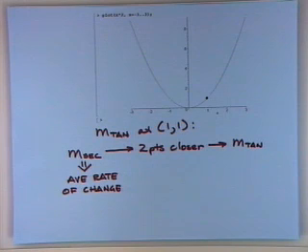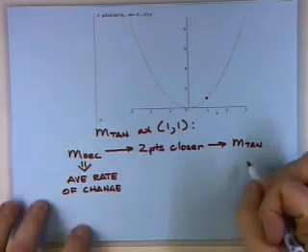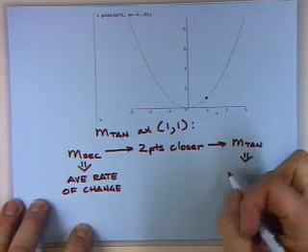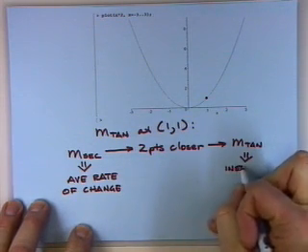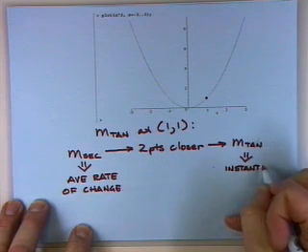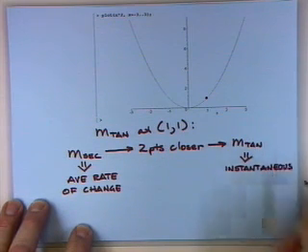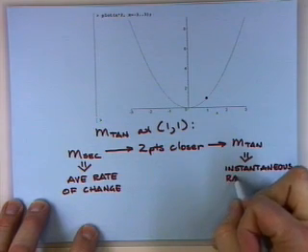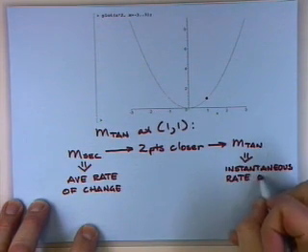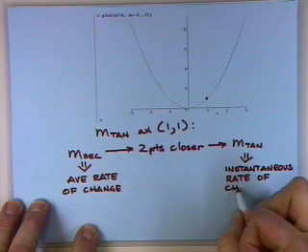Does the curve really follow the straight line between those 2 points? No, it doesn't. But on the average, that's what's happening as you go from point 1 to point 2. And when you get out here, they'll refer to this as an instantaneous rate of change.